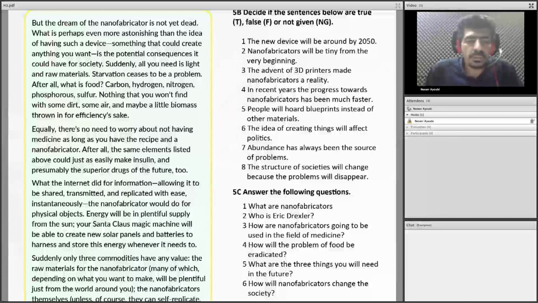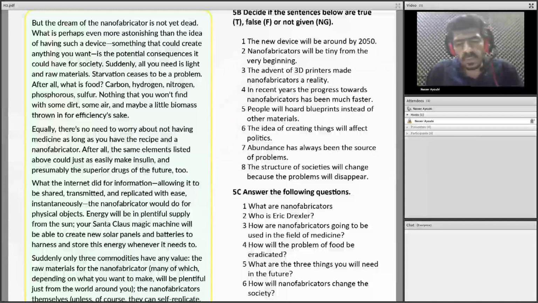After all, what is food? Carbon, hydrogen, nitrogen, phosphorus, sulfur, nothing that you won't find with some dirt, and so on to the end of the paragraph. So using nanofabricators, we can come up with any sort of food that we want.